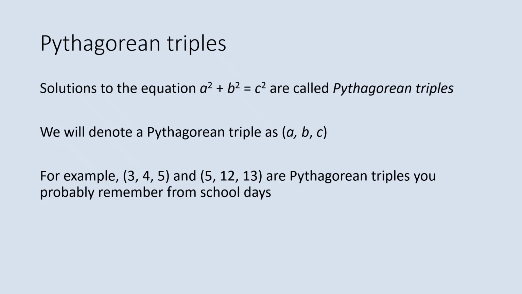That's 9 plus 16 is 25. Another one is the 5, 12, 13 triangle that you may remember. 5 squared plus 12 squared is 25 plus 144, which is 169. 169 is 13 squared. So 5, 12, 13 is another Pythagorean triple.